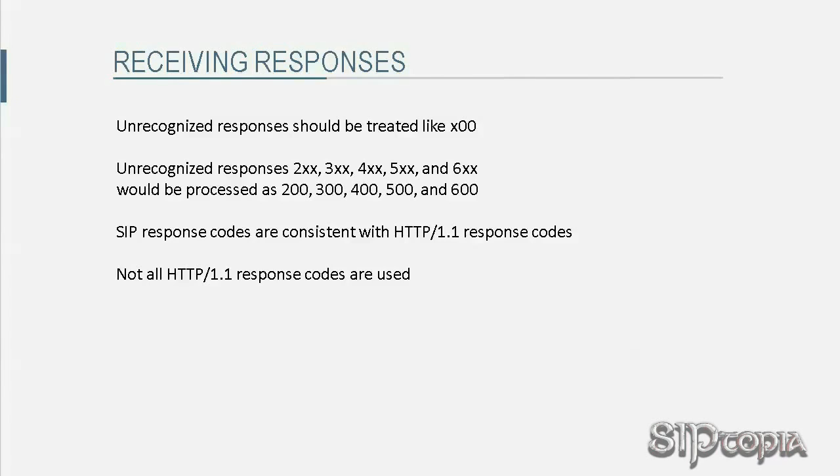On the other hand, if Tarzan's phone received responses with the status code 2XX, 3XX, 4XX, 5XX, or 6XX that it does not recognize, it would have processed them as 200, 300, 400, 500, and 600 responses respectively.